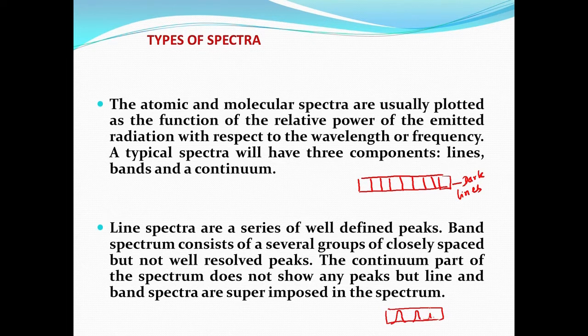Something like this. And in a continuum spectrum, what I see is a continuous color merging from one into another, or it may be any other mixture that is slowly changing from one to another, or it may be a simple yellow color or brown color, etc. This is the band spectra, this is continuum spectrum.